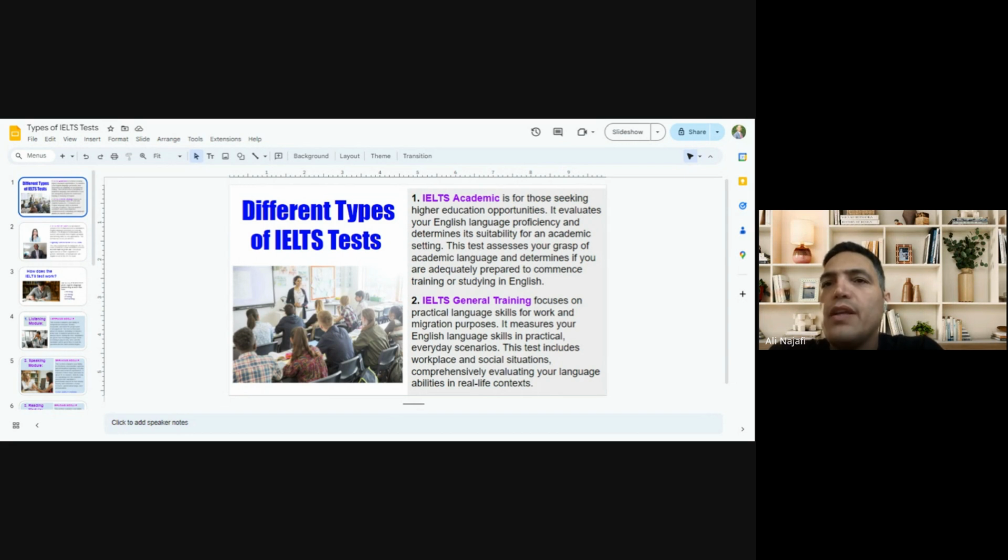It evaluates your English language proficiency and determines its suitability for an academic setting. This test assesses your grasp of academic language and determines if you are adequately prepared to commence studying in English.